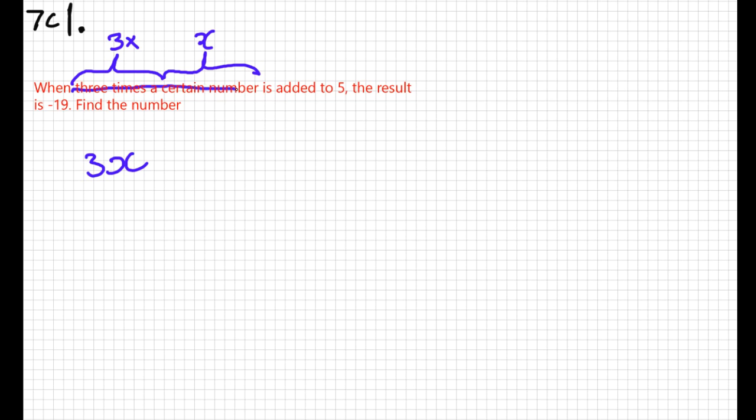There's that part. Now, next part, 3 times a certain number is added to 5. Well, that means we've got 3 times a certain number, and that is added to 5. So that is 5 add 3x. So that is different from 3x add 5. Obviously, when we're adding numbers, it doesn't matter what order we are doing them in.